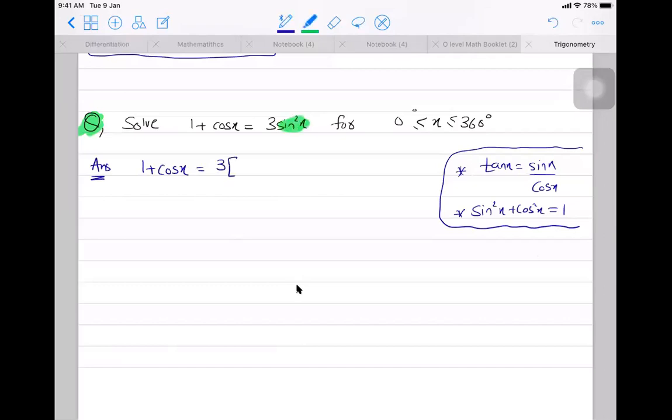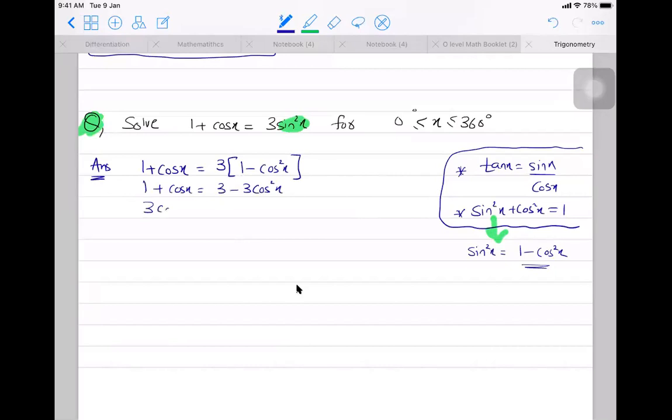Using this identity, if I want to replace sine square x, I can replace it with 1 minus cos square x. So this will allow me to have only one trigonometric ratio in the entire equation. So 1 plus cos x is equal to 3 minus 3 cos square x.